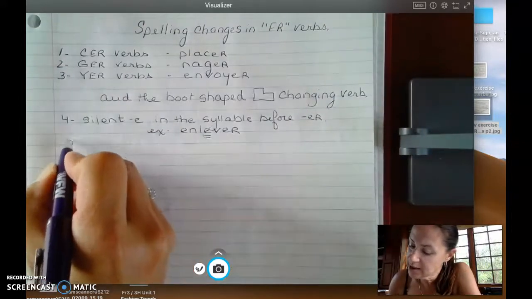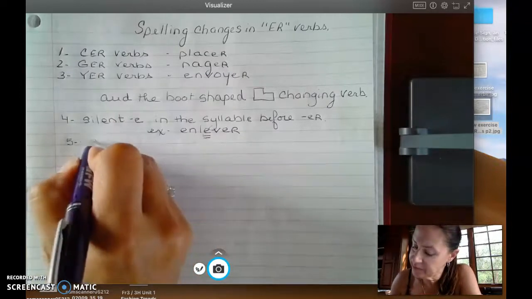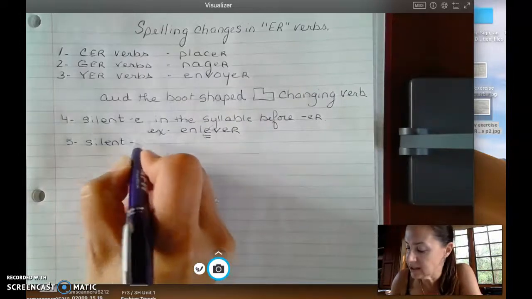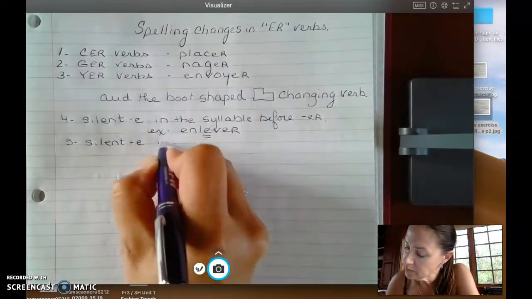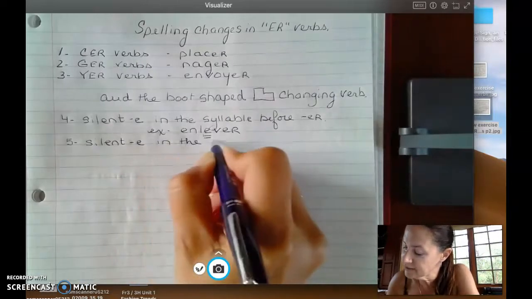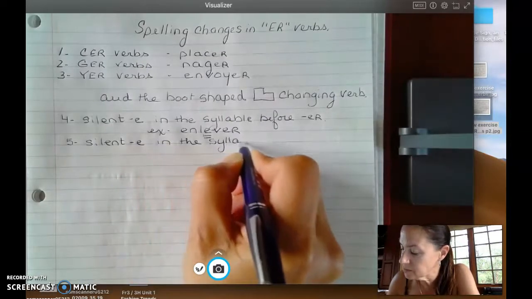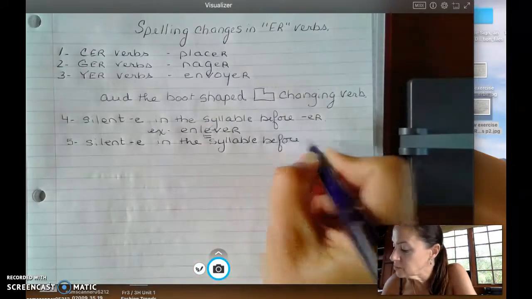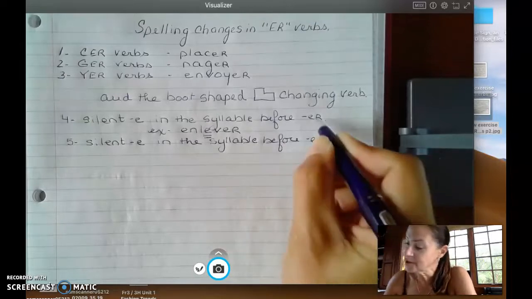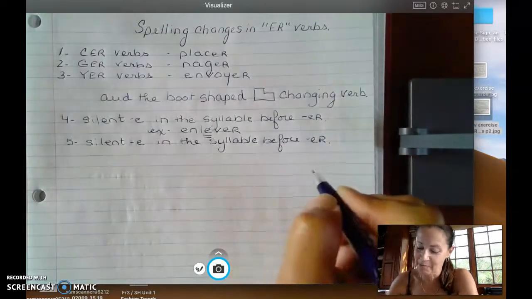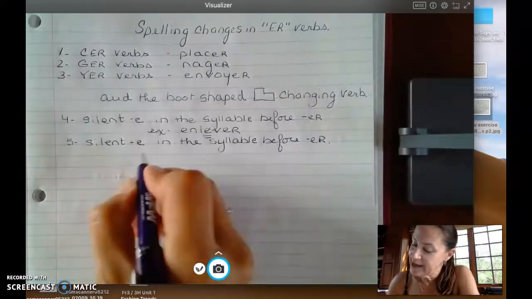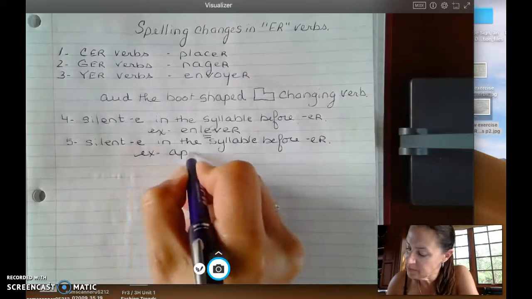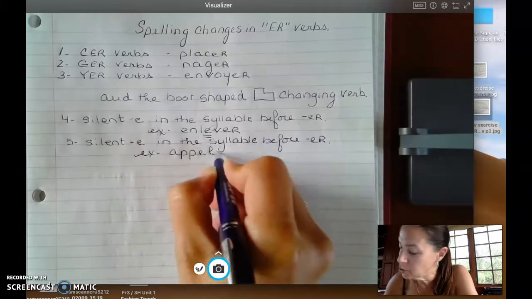The next one is going to be category 5. And this again is going to be a silent E in the syllable before ER. So far it sounds exactly the same as this one, right? The example of this one is going to be appeler.